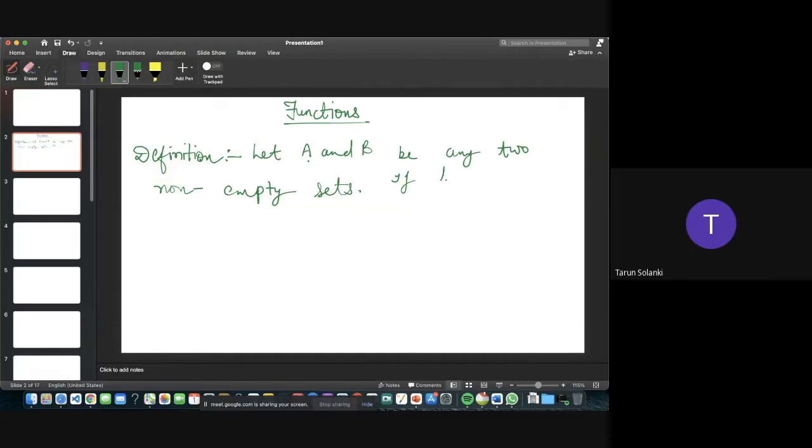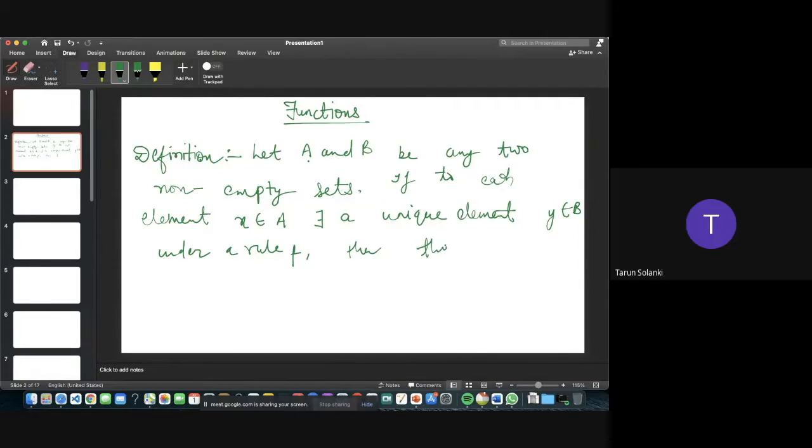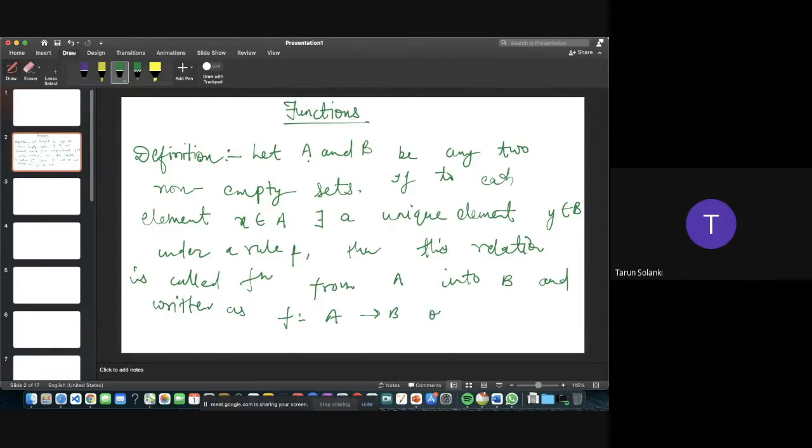If to each element x belonging to A, a unique element belonging to B is assigned under a rule f, then this relation is called a function from A into B, and written as f: A → B.